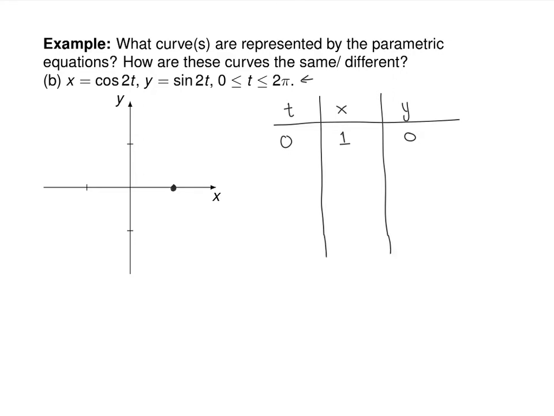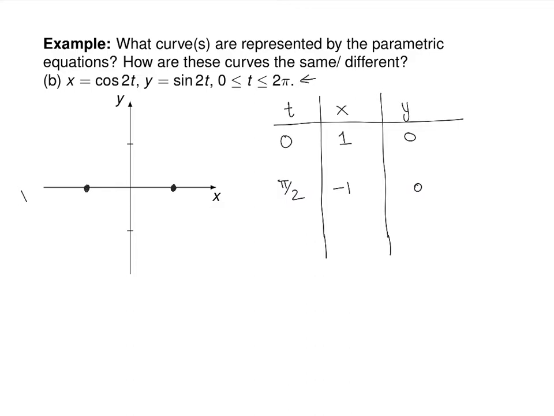Now, I'm going to leave some space and I'm going to input pi halves, and we're going to talk about why we need another value between 0 and pi halves. If you input pi halves, you get cosine of pi, which is -1, and sine of pi, which is 0. So you're at this point. And the question is did you just go directly over to that point, or did you go up and over to that point?